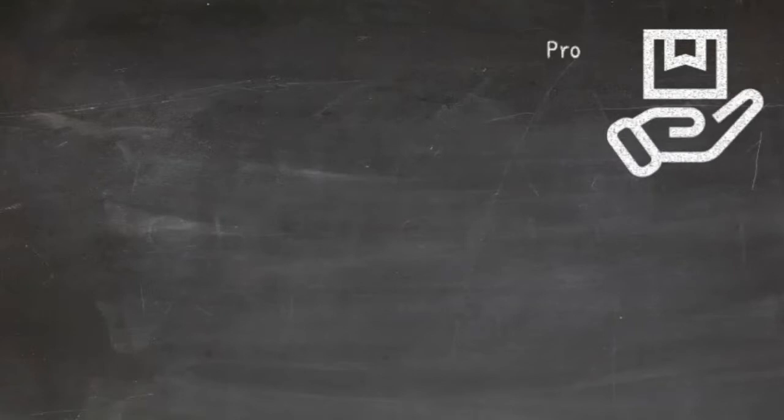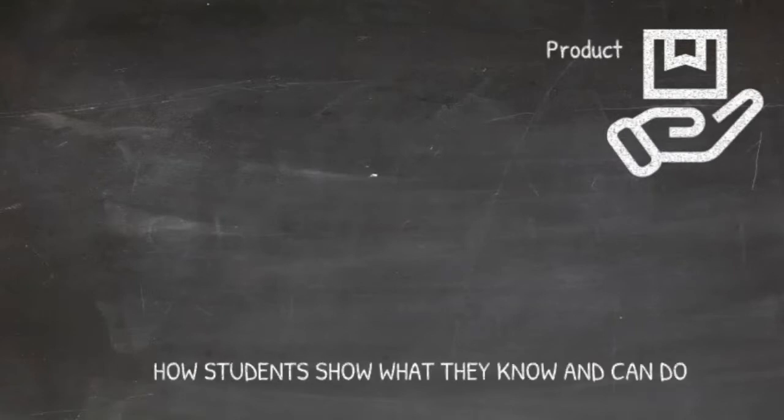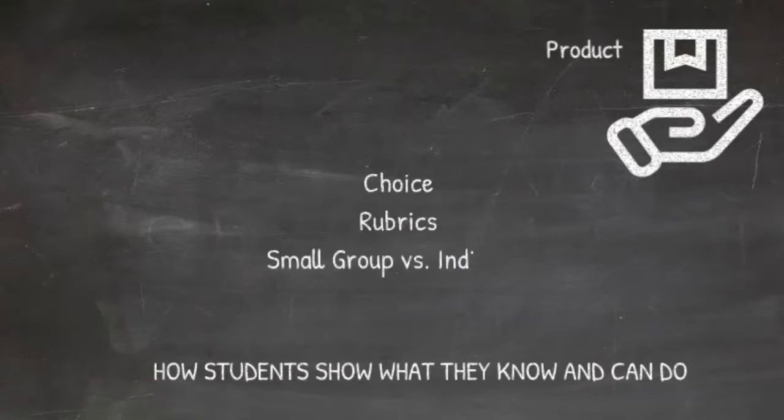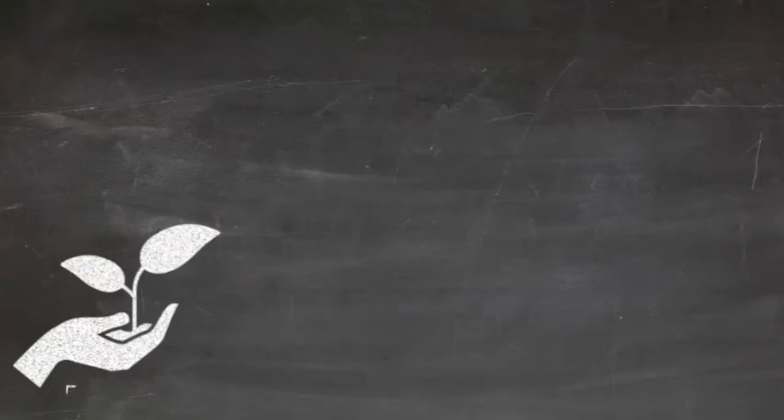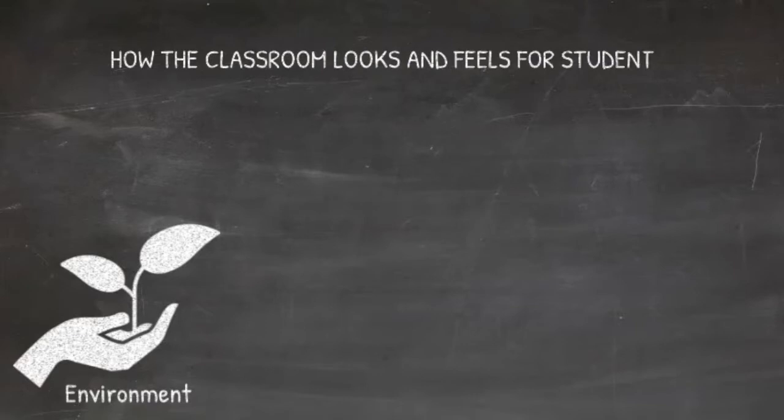You can differentiate by product. This is how students show what they know and can do. This might look like a choice of the product, rubrics, or allowing for varied work arrangements such as small group or individual. By the environment, this is how the classroom looks and feels for students.